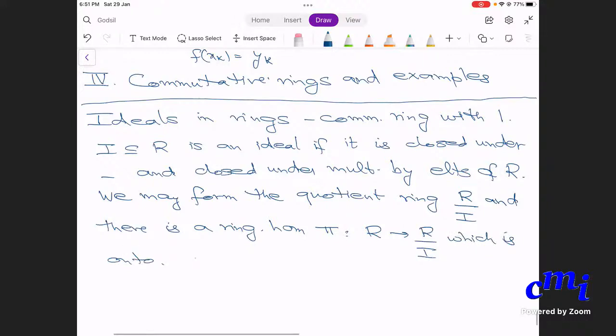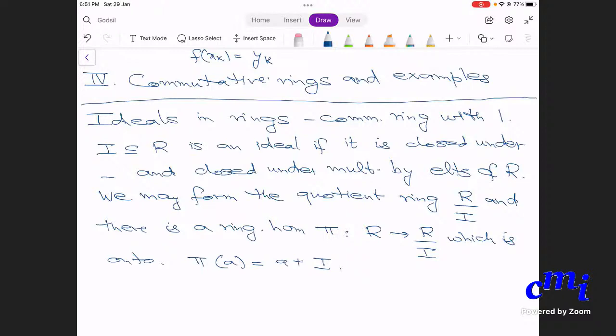Pi of any element a in R is a plus I, the coset. So R mod I consists of cosets of all elements of R with respect to I, and pi of a is a plus I. So every ideal will give you a quotient.